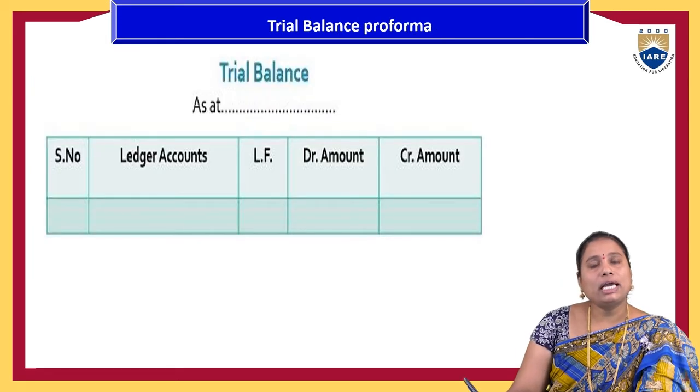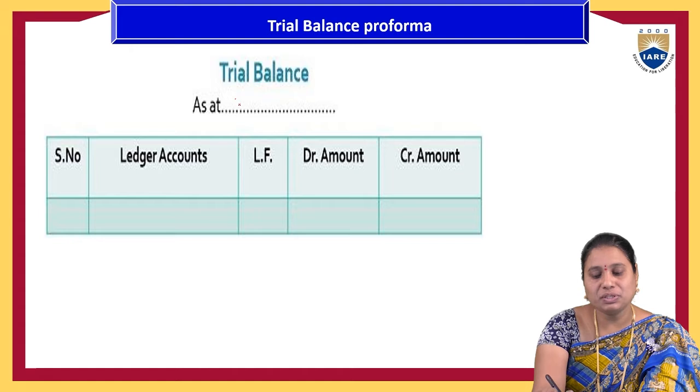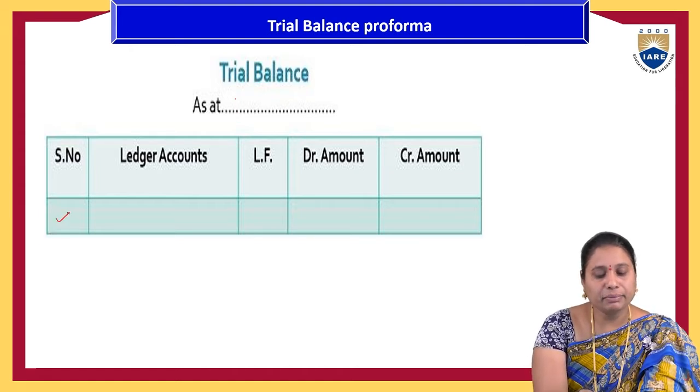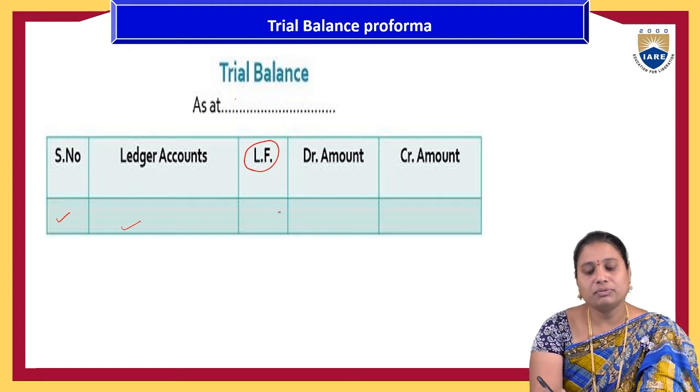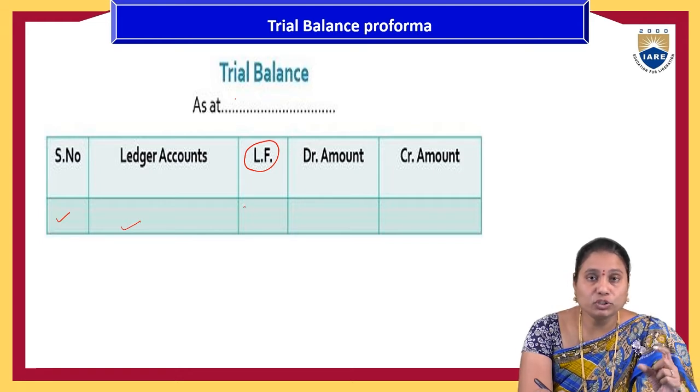If you see this trial balance proforma, we have to write the title, the trial balance as at the company's name and the time period, then the serial number, ledger account, and LF, the ledger folio number, that is the reference page number of the books, which they have to mention here.